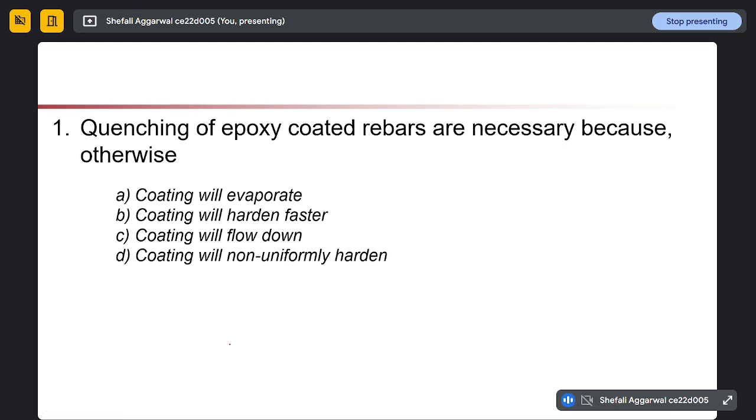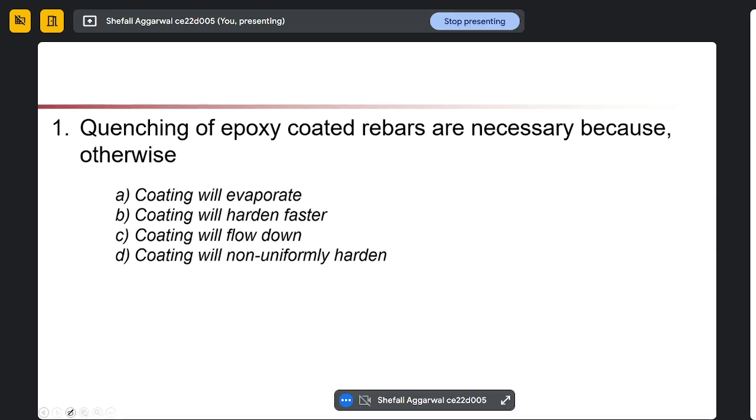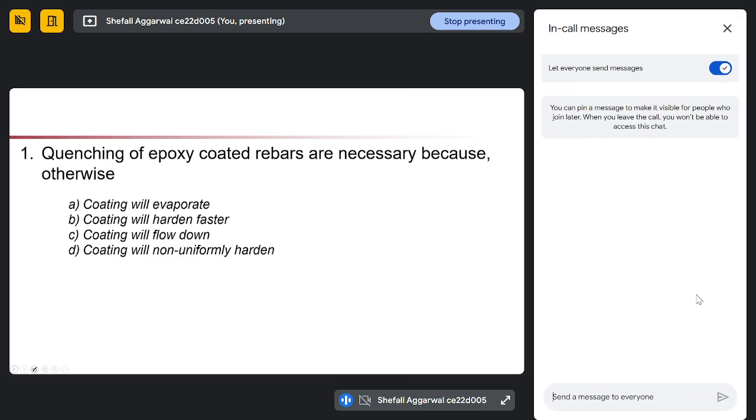Quenching of epoxy coated rebars is necessary because otherwise, if we are not doing quenching, the coating will evaporate, the coating will harden faster, the coating will flow down, or it will be non-uniformly hardened. Any guesses? You can put in the chat box also if you want.